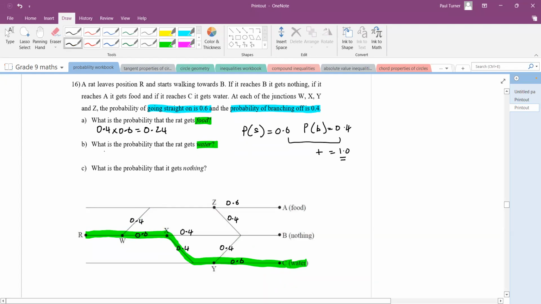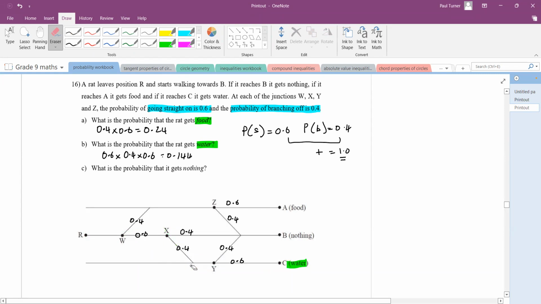So that would be 0.6 times 0.4 times 0.6. And that will give you 0.144. So a bit more than 10% chance of getting to water. Right, let's do the last one.